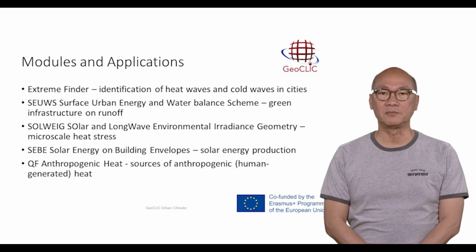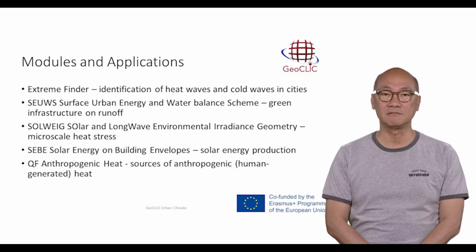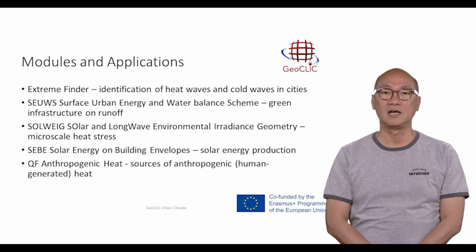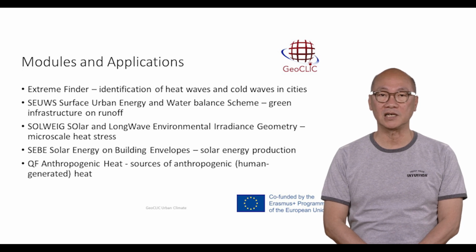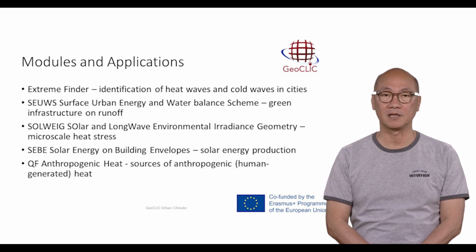QF is the anthropogenic heat, a model to estimate human-generated heat, such as those from traffic, metabolic, and building emissions. There are two implementations. One provides simple estimates at low spatial resolution, and another one produces high-resolution estimates with greater insights into specific types of energy use.